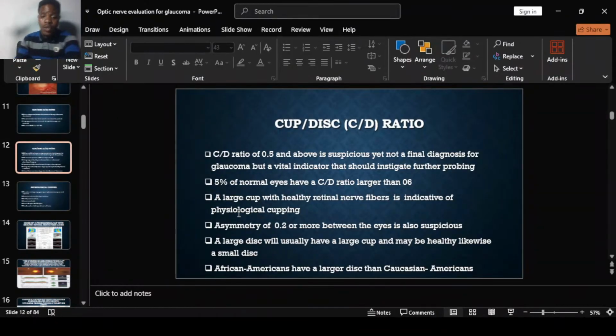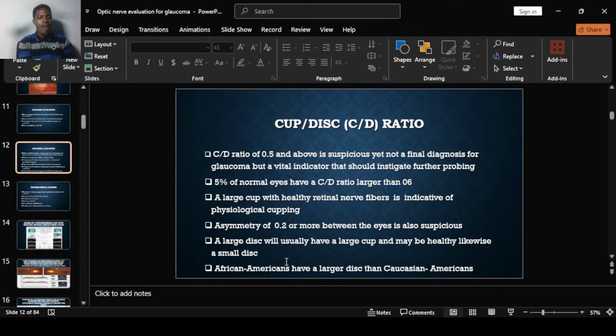A large disc usually has a large cup and may be healthy. Likewise, a small disc has a small cup. So it is a normal phenomenon. When you see a large disc, you expect a large cup, and when you see a small disc, you expect a small cup. Now, one of the commonest mistakes we make in the clinic is that because a disc is large, we will also see a large cup, and because we are seeing a large cup, we just assume that it is glaucoma.